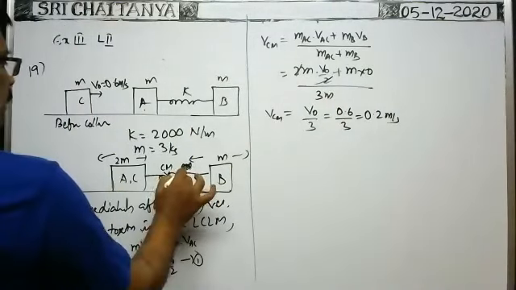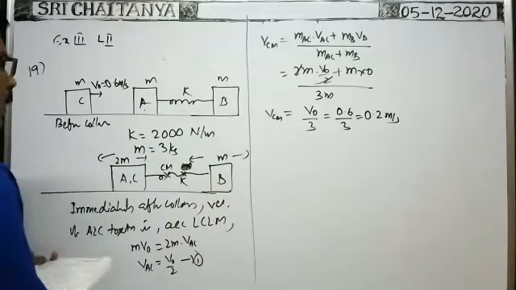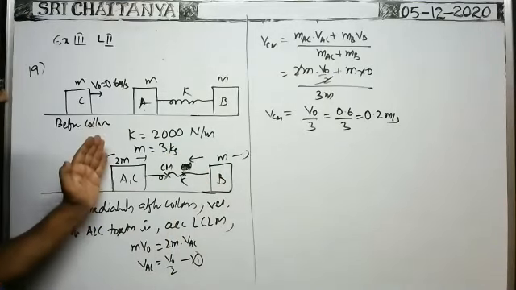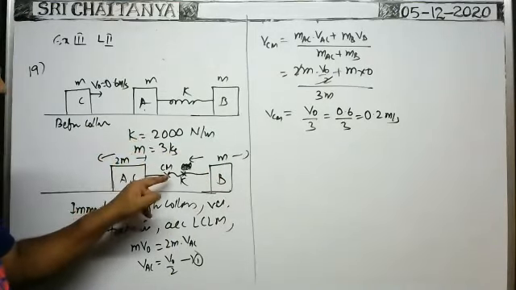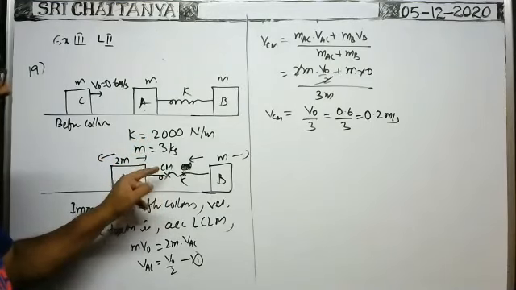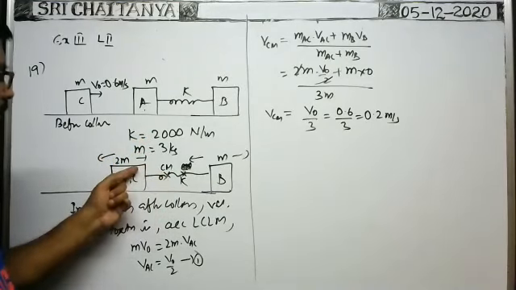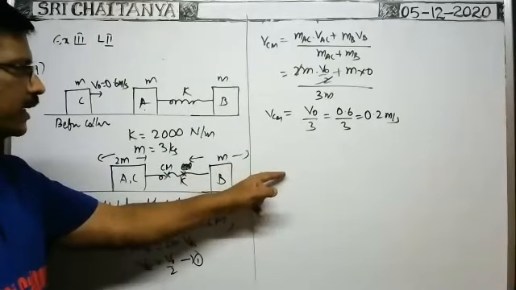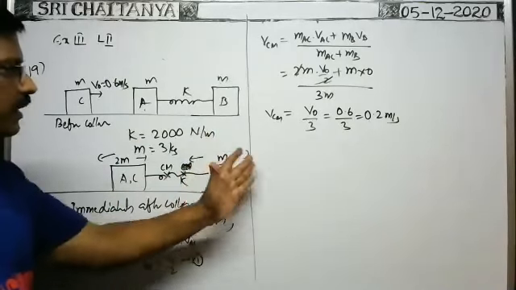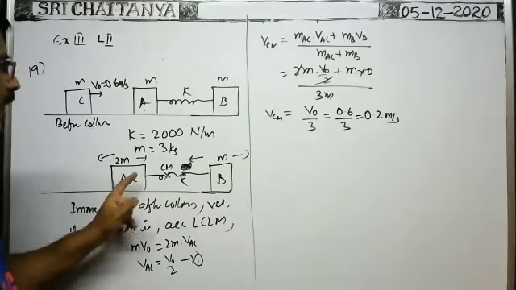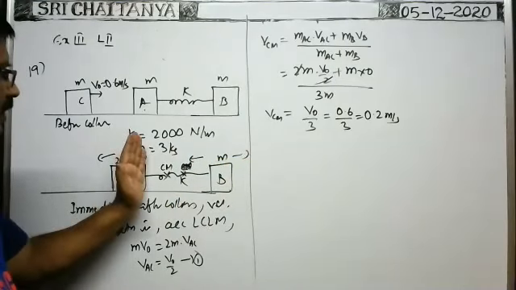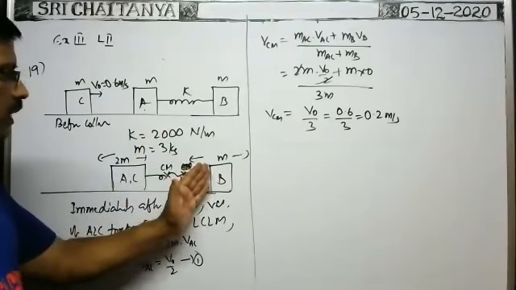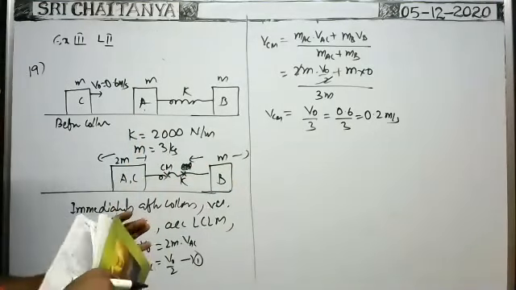But about the center of mass, these two blocks make oscillations. What is the reason? Whenever this block starts motion in this direction, as the spring starts compressing, the spring force developed pushes one block in the opposite direction, and the same spring pushes the other block in the forward direction. That's why the velocity of this block increases and the velocity of this block decreases, and after some time the velocity of this block becomes 0, and the velocity of the other block gradually increases.